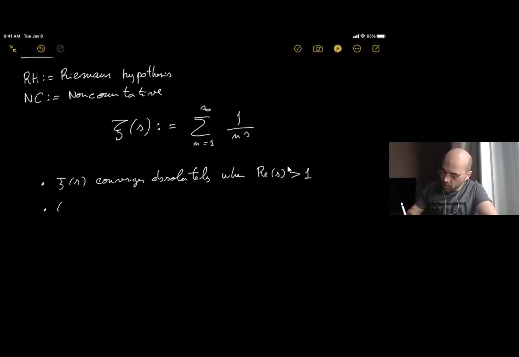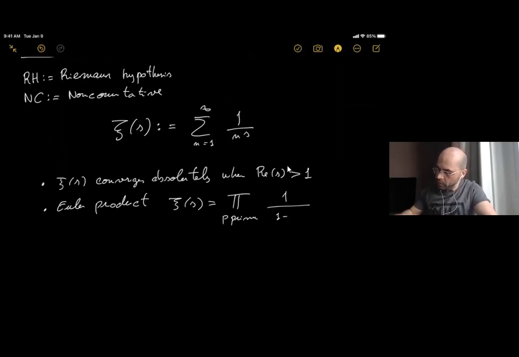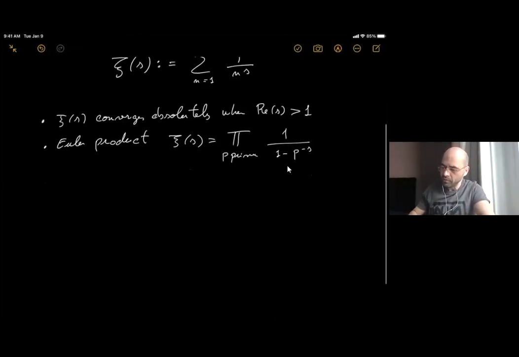We know that we have an Euler product description of this function, so we can write it as a product over all prime numbers of 1 over 1 minus p to the minus s. This, again, in this half plane region. This was proven by Euler 100 years before.